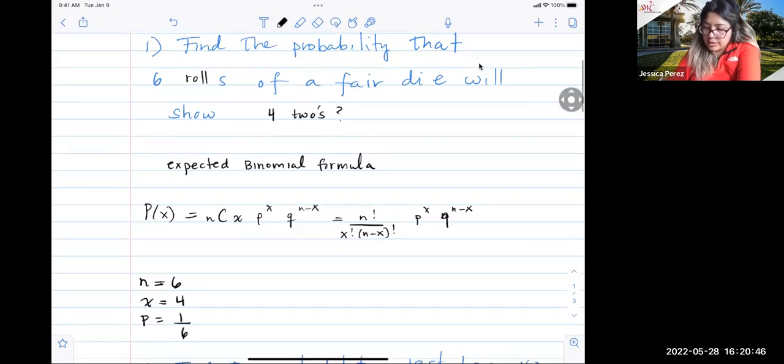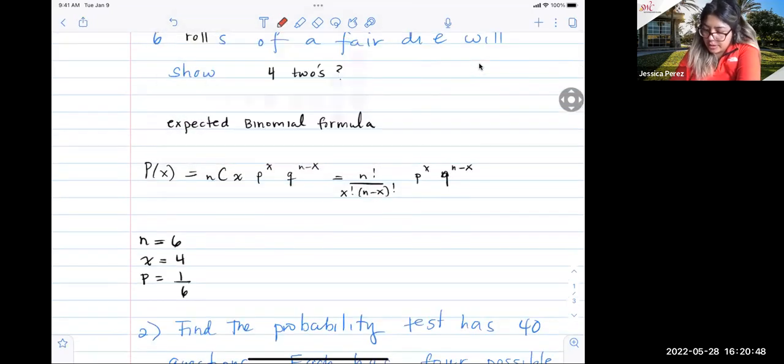So then we're going to use our formula. We have everything that we need. We're only missing q. Remember, q is the same as 1 minus p. So q is 1 minus 1/6, which is 6 over 6 minus 1 over 6, which is 5/6.